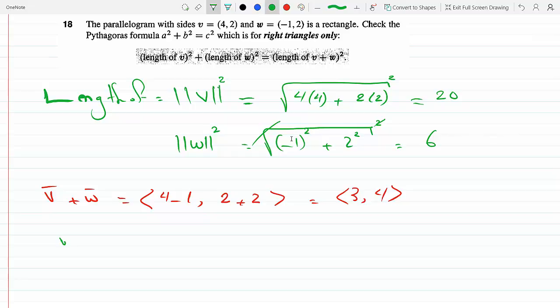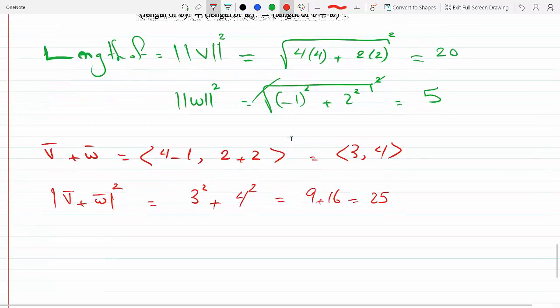Okay, so going back to V plus W, the length squared will equal 3 squared, oh sorry, this is 5, plus 4 squared. No square root since I'm squaring it, so 9 plus 16, which is 25.